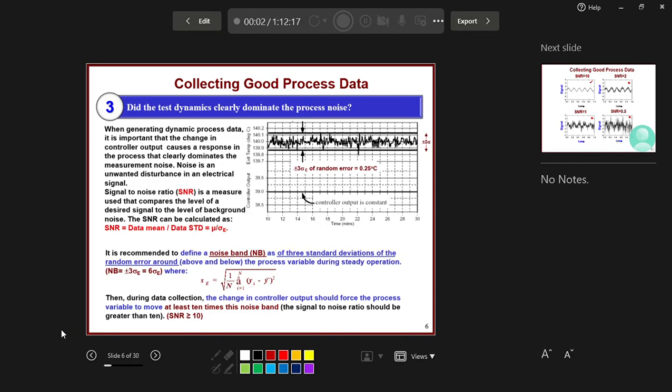The third precaution that you need to consider when you collect the data is the noise in the process variable. Now we know that when we collect the data, we will not get smooth data because of the noise available in the process, and these noises are introduced in the process signals due to different reasons.